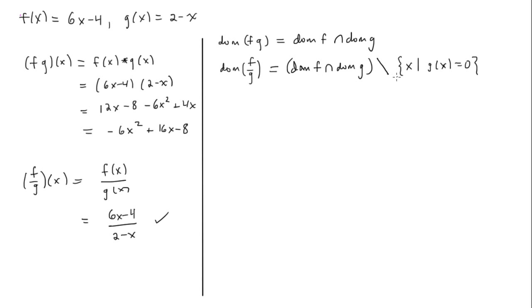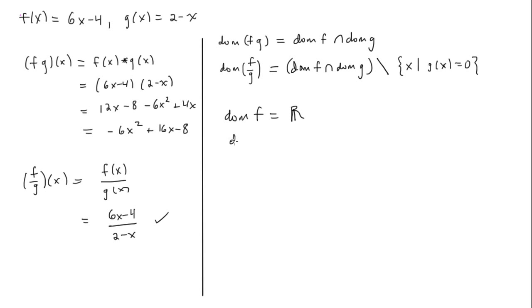So all that means is take things in the set on the right and take them out of the set on the left. Okay, so take the domain of f intersect g, and that's a big pile of numbers, and then throw out of there anything that makes g equal to 0. Okay, now in our particular example, that was just x equals 2.